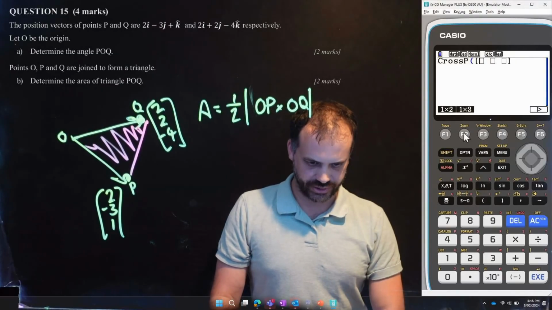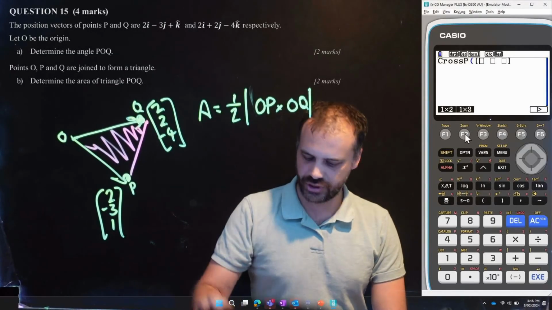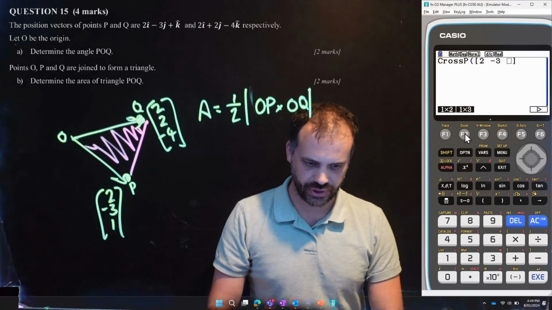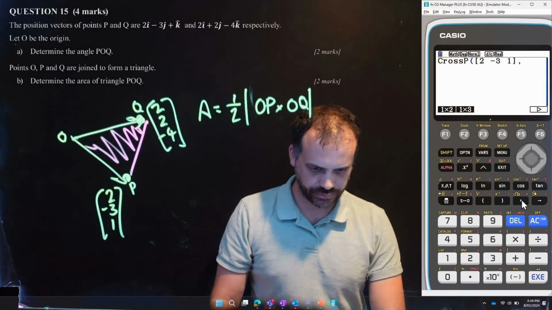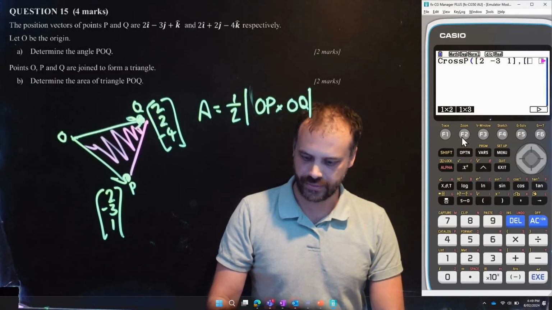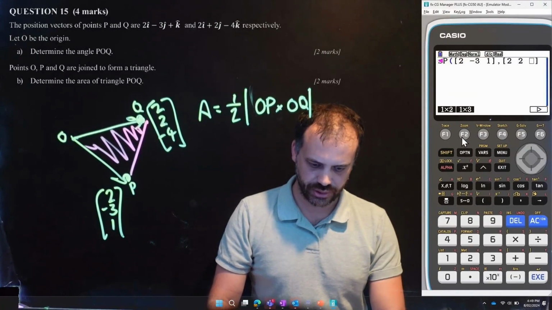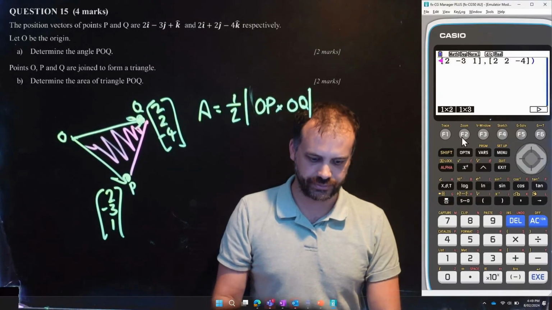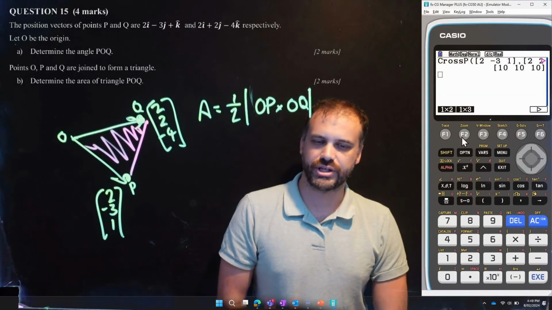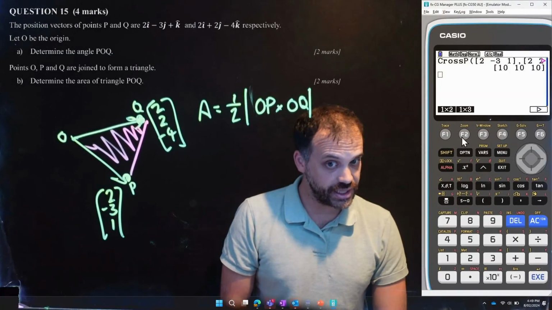And it's 1/3. And I'm going to enter the first one, 2, -3, 1. And I'm going to enter, I need a comma. And then I'm going to enter my second one, which is 2, 2, -4. And then I close that blue bracket up. All right, interesting. The cross product is 10, 10, 10.